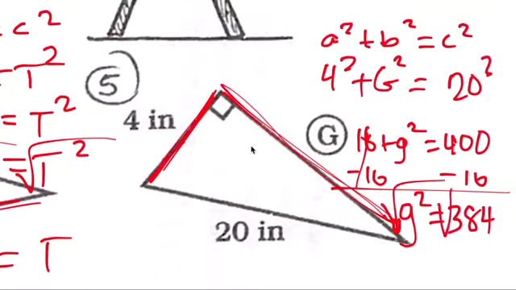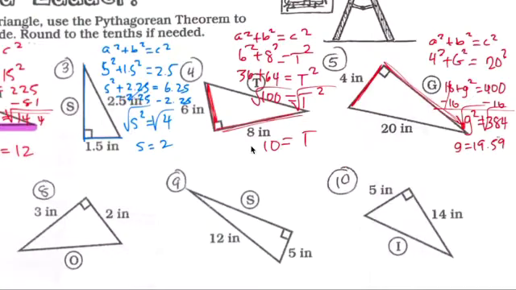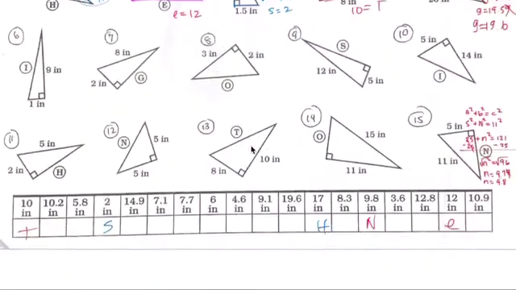Square root of 384 is 19.59. This is a 9, so you round it up to 19.6. See, 19.6 is G.